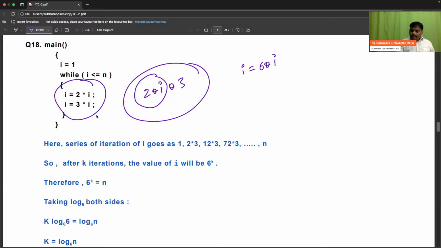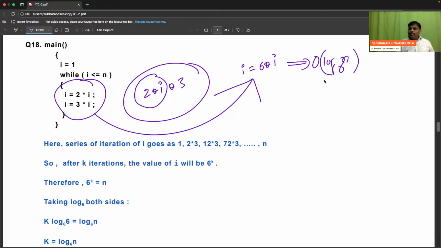Then this is nothing but the same pattern. Always you are multiplying by 6. Multiplying by 2 gives log n base 2, by 3 gives log n base 3, and by 6 it became log n base 6, big O of log n base 6.